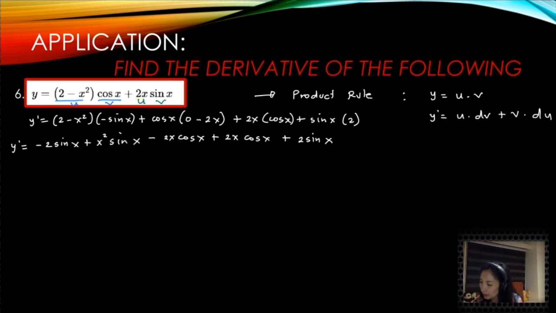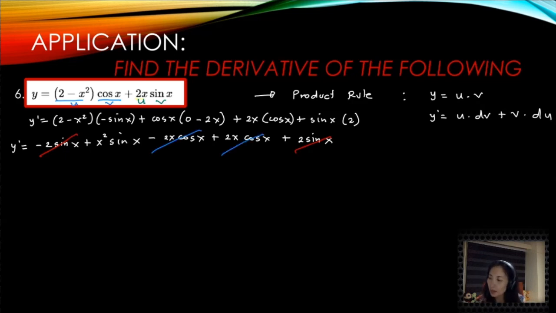Okay, combine like terms. Take note that negative 2 sine x plus 2 sine x is 0. So we cancel it out. Anything else? We can also cancel out negative 2x cosine x with 2x cosine x.